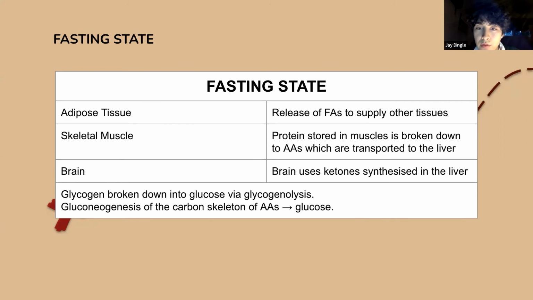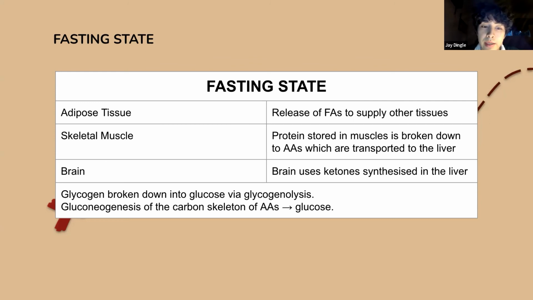And the glycerol from the TAGs in adipose tissue will also be converted into glucose via gluconeogenesis. So we've got release of fatty acids to supply other tissues. Then our liver will convert the amino acids that we have into other nutrients, primarily glucose. And then the glucose will be exported to other tissues.